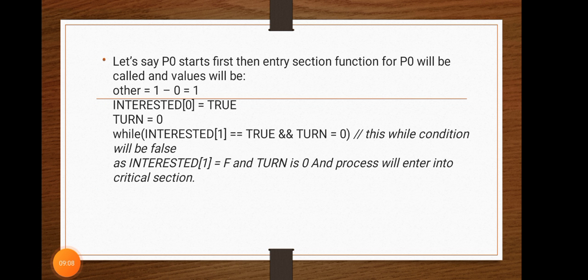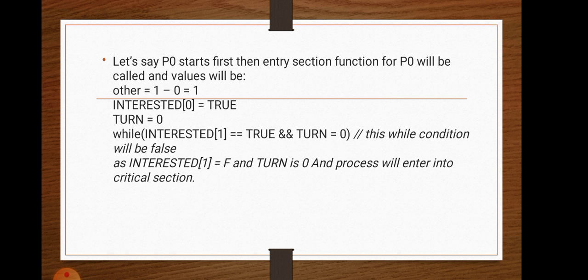For example, if P1 starts first, then the entry section function for P0 will be called and the values will be as I have mentioned there. Flag of I is equal to true, that is nothing but interested. If that process is interested, then we set the turn to 0.